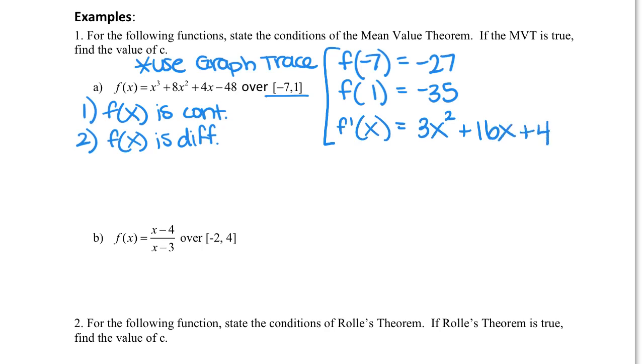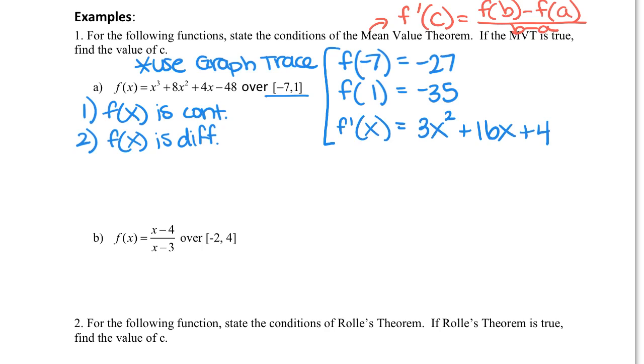Okay, now I'm going to use the mean value theorem, which says, and let me just write it up here over to the side. So the mean value theorem says that f prime of c is equal to f of b minus f of a all over b minus a. So this is the equation that I want to use. So f prime of c is the same as f prime of x.